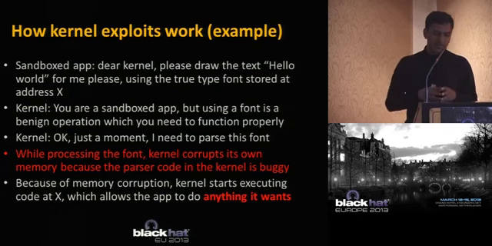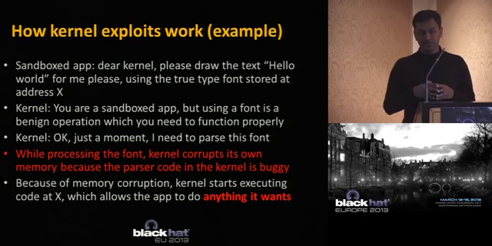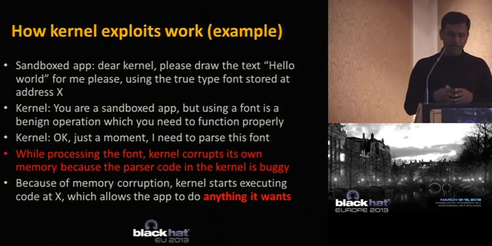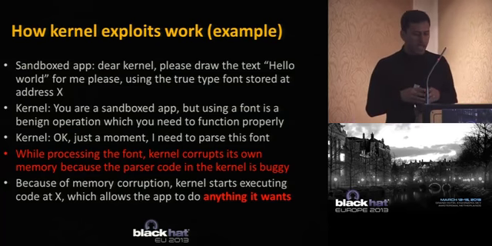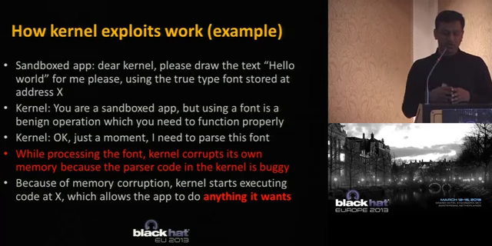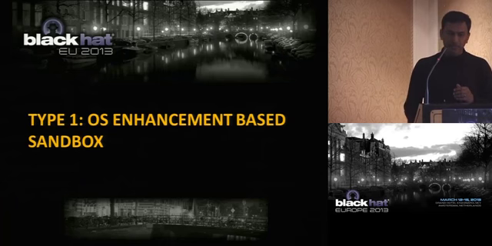So I will give you a handle, but let me parse this font first. While processing the font, the kernel corrupts its own memory because the parser code was buggy. Because of the memory corruption, the kernel starts executing code at X, which allows the application to do anything it wants, because it has the same privilege as the kernel at this point.